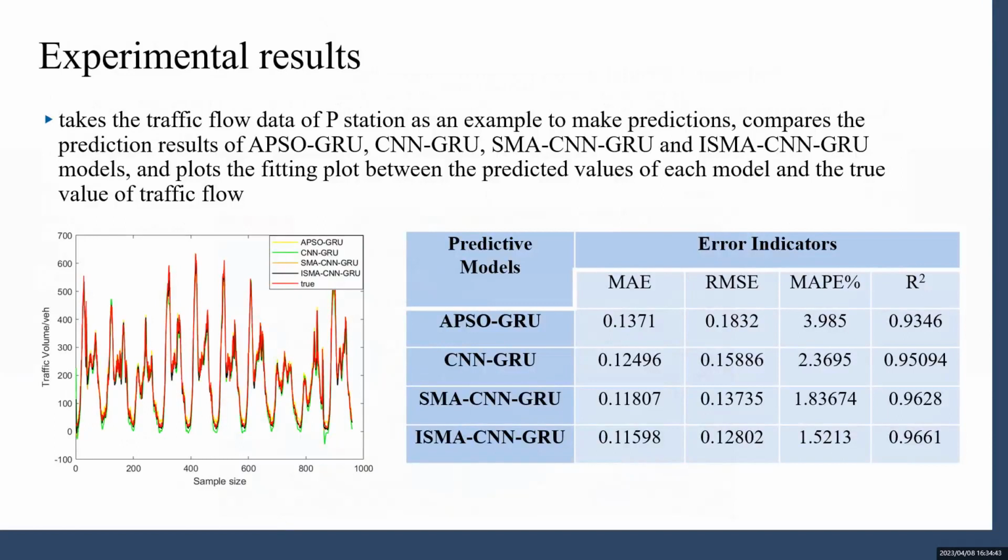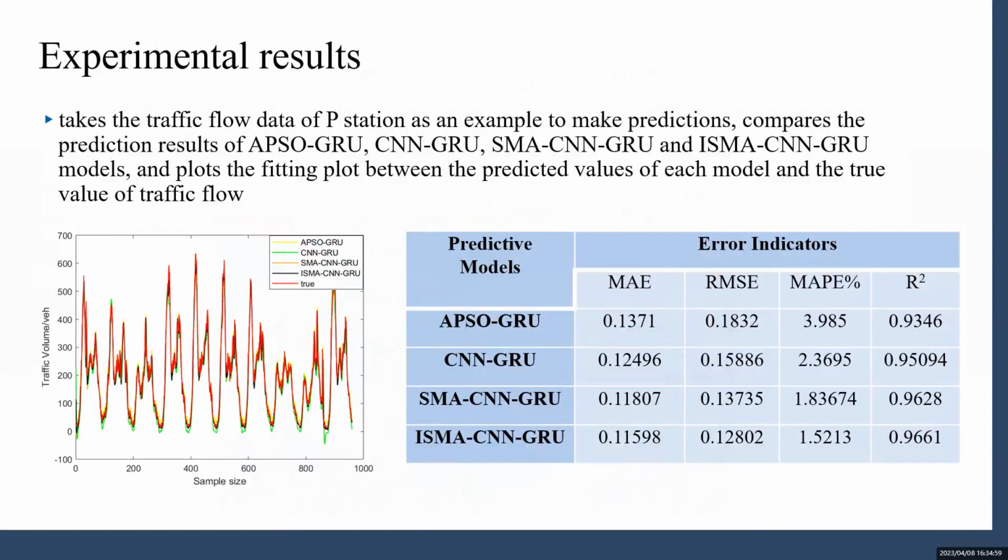The results based on the error estimation evaluation metrics are shown in the table. The prediction accuracy of the SMA-CNN-GRU model is 98.4787%.